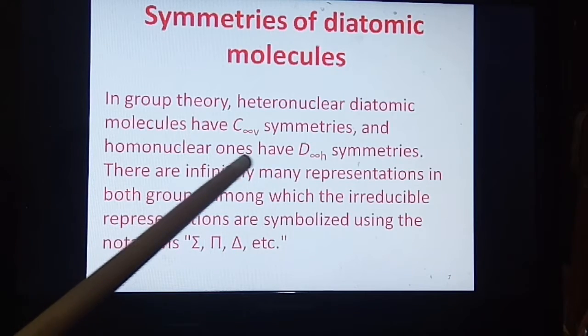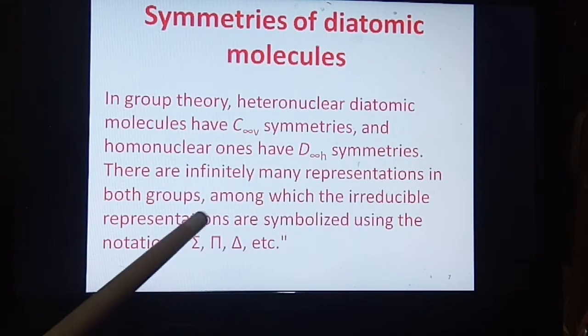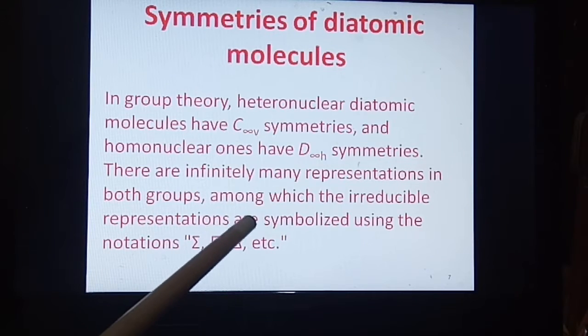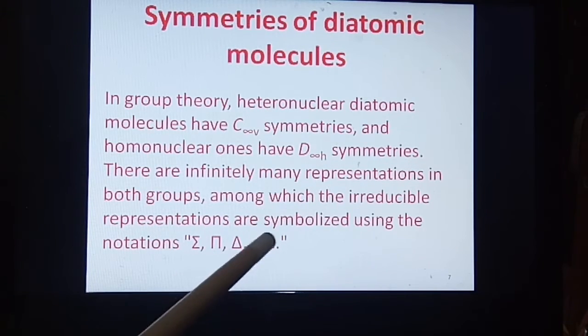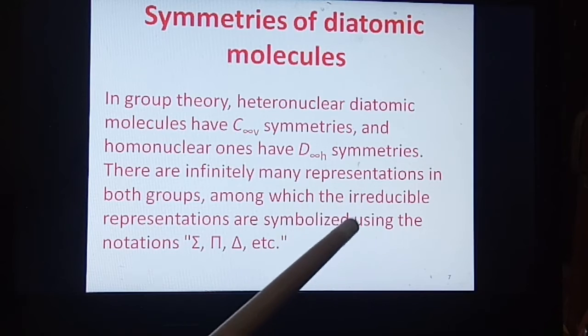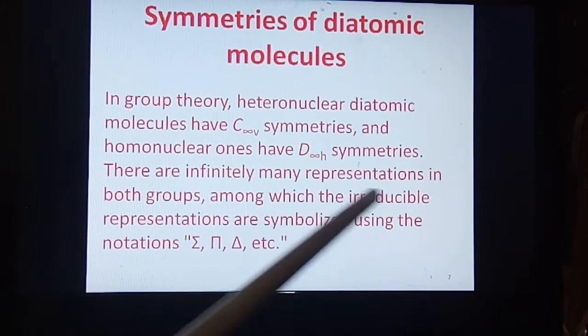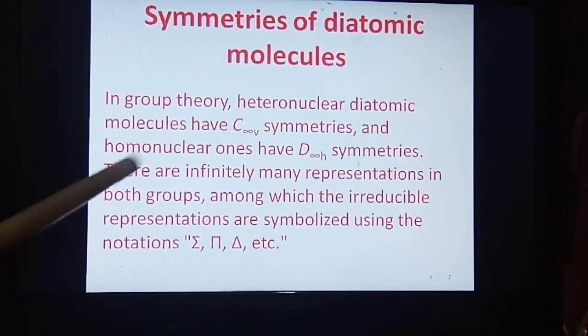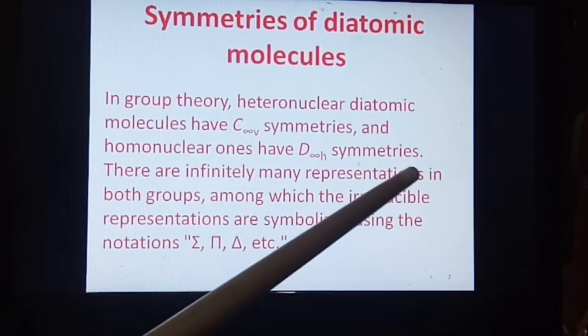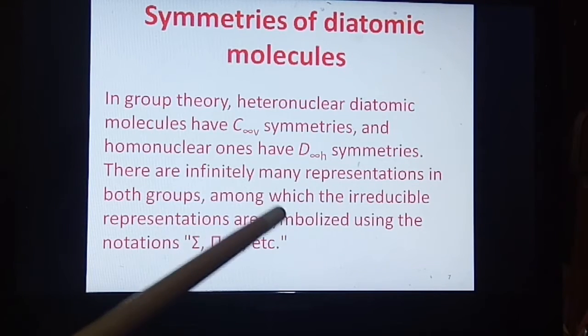There are infinitely many representations in both groups, among which the irreducible representations are symbolized using the notations sigma, pi, delta, etc. We will discuss the irreducible representations in group theory.